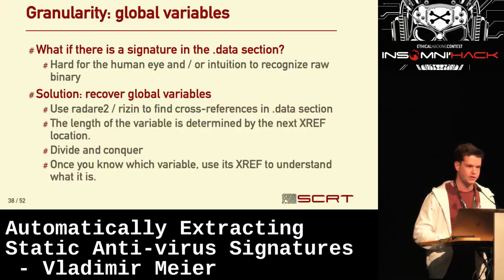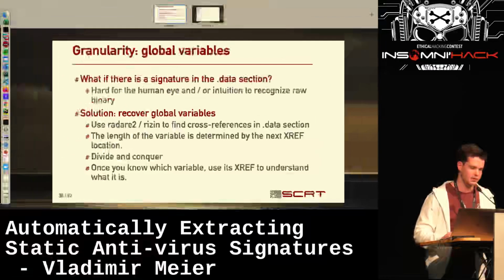That allows me to find the address of the global variables, which is not enough. You also need to know their length. To do that, I made the assumption that the length is equal to or less than the address of the next cross-reference. And then you do the divide and conquer algorithm on that. And you will be able to find the signatures that are detected by Windows Defender inside the data section.